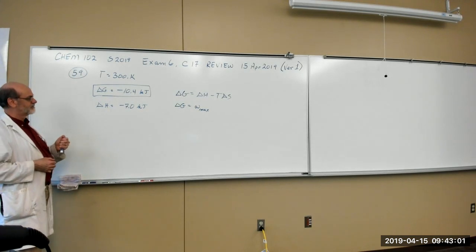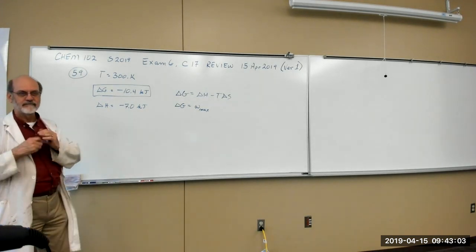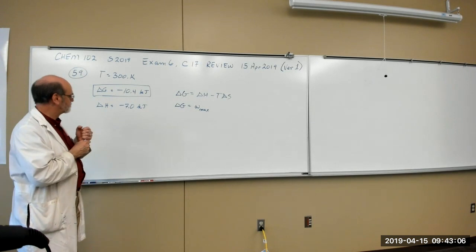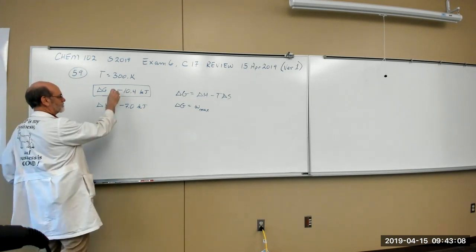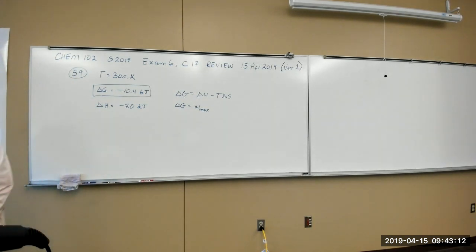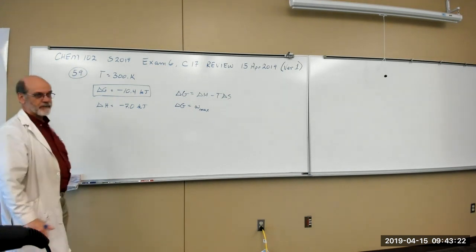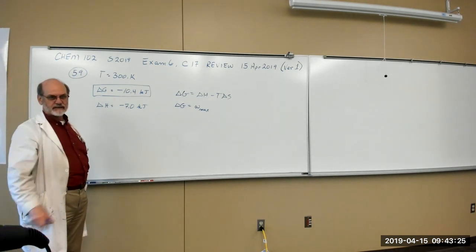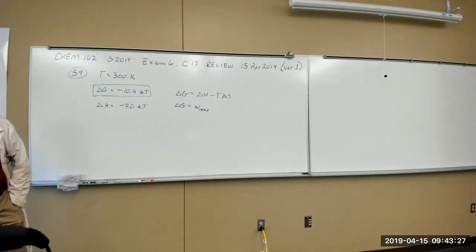So for this question, really, we're just looking at the delta G, so the answer is reversibly still 10.4 kilojoules. Yes, it's just negative 10.4. And you said you can't get work out of a non-spontaneous reaction.